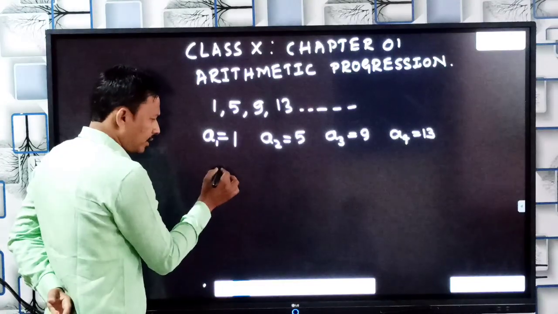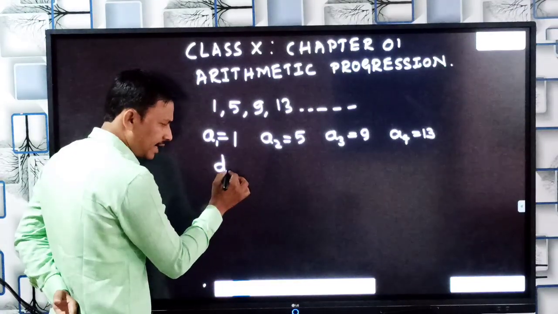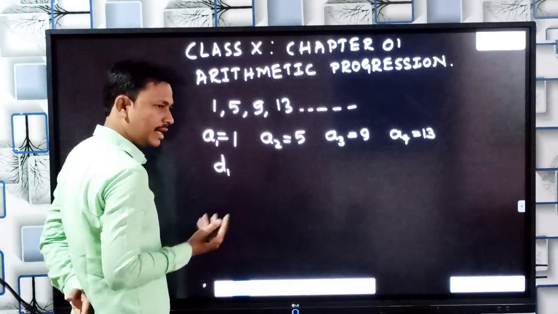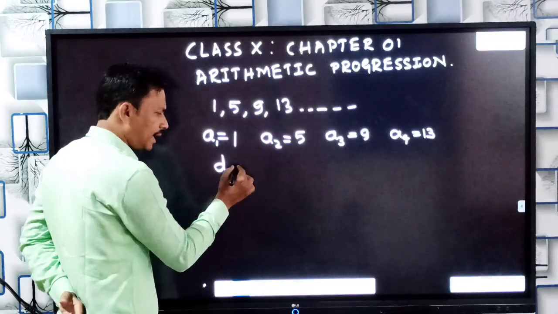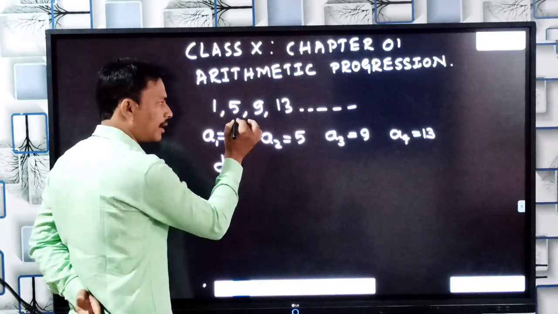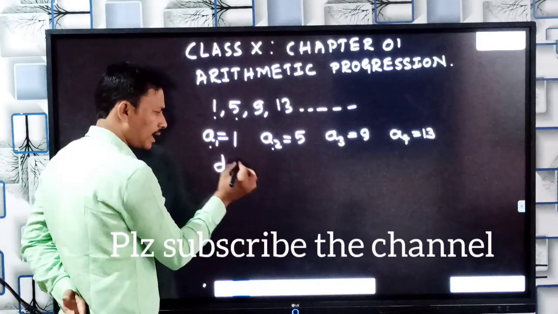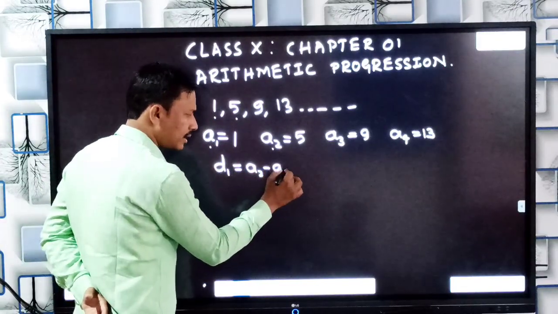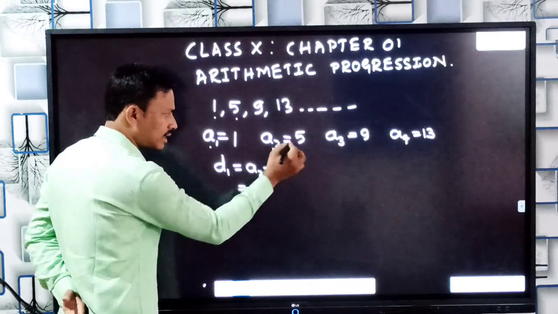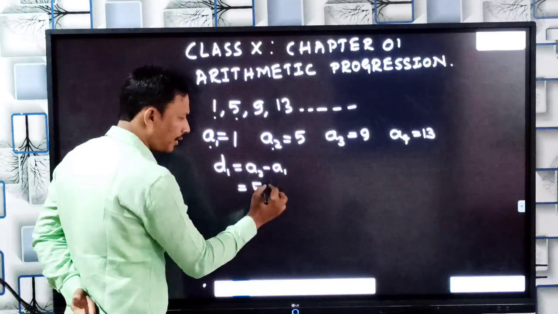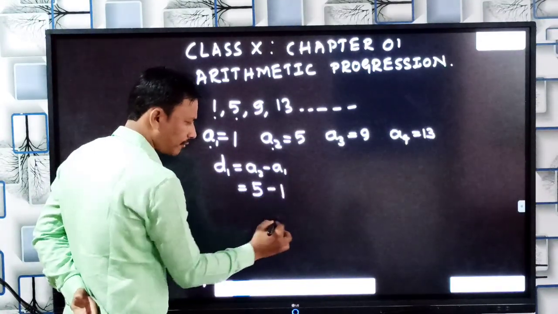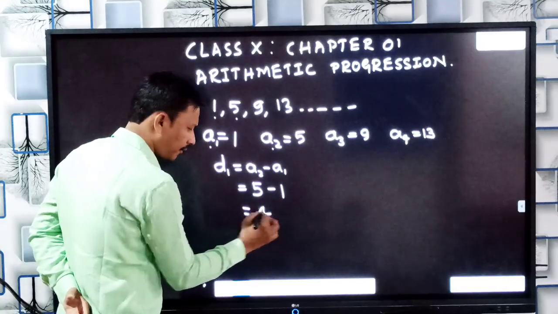The common difference, first difference, D or D1. D1 is equal to second number minus first number, that is A2 minus A1. This is equal to 5 minus 1, which is 4.